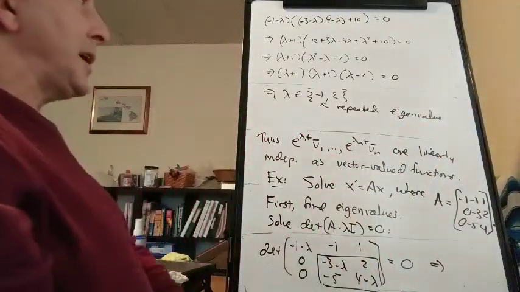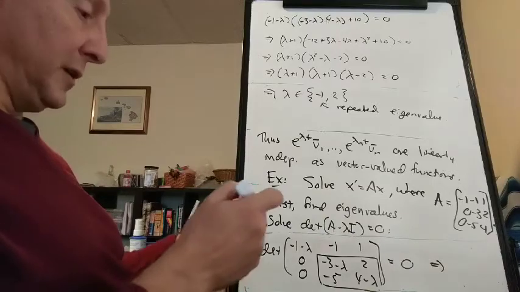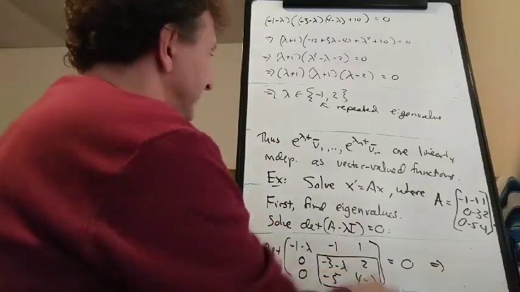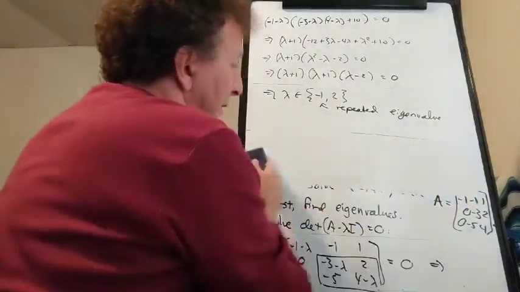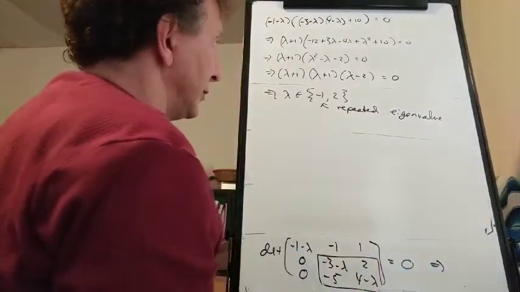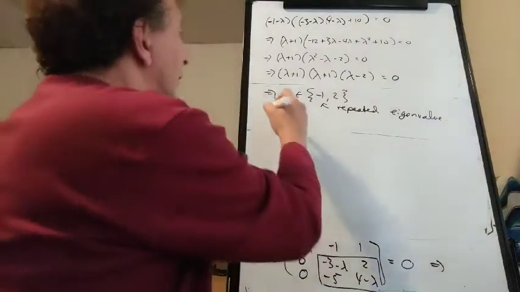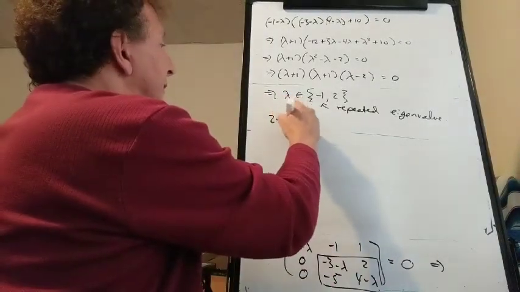So we may or may not be able to find two linearly independent eigenvectors that have eigenvalue -1. We'll see. We certainly can find an eigenvector for the eigenvalue 2. So let's look at the 2 eigenspace.